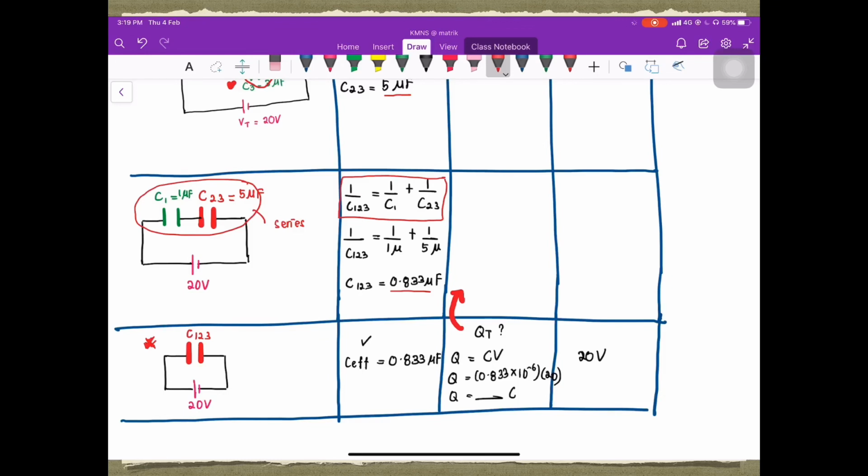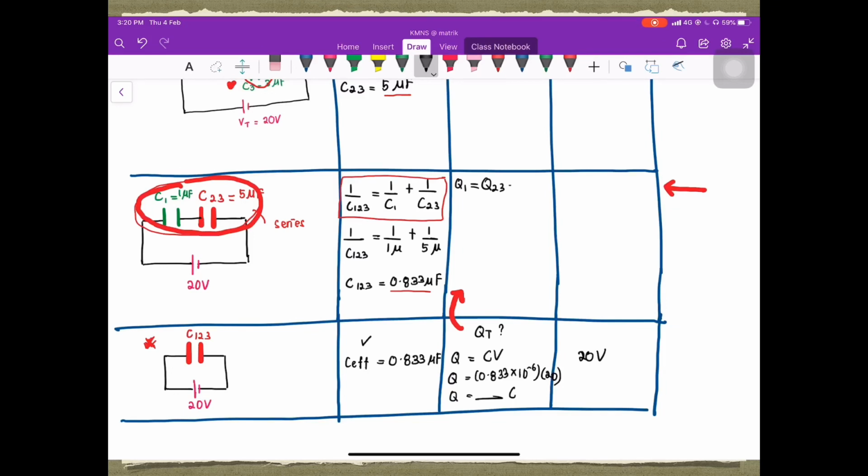Meaning for this row, we are looking for this combination, right? So for the charge, because of series, we can state Q1 equal to Q23, am I right?